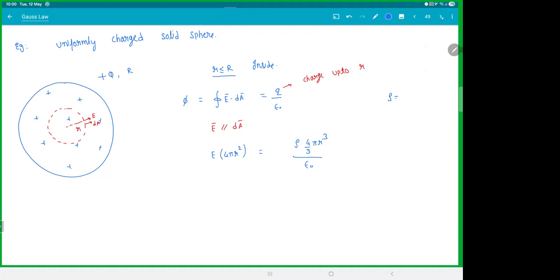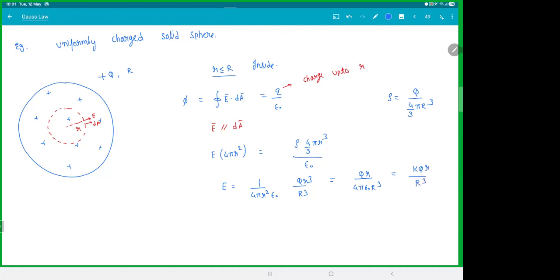But what is rho? Rho is nothing but total charge by volume, 4 by 3 pi capital R cube. So this would be 1 by 4 pi r square epsilon, rho will be q by 4 by 3 pi R cube. That's q r cube by R cube. You end up with q small r by 4 pi epsilon R cube. So this is k q small r by R cube.